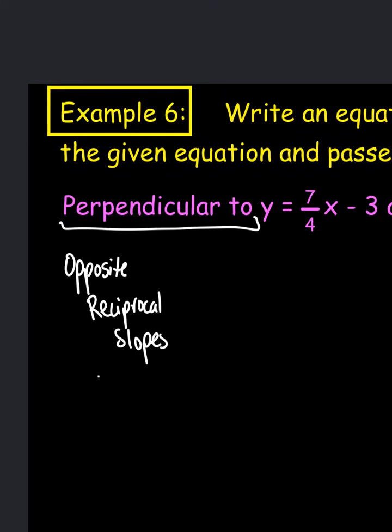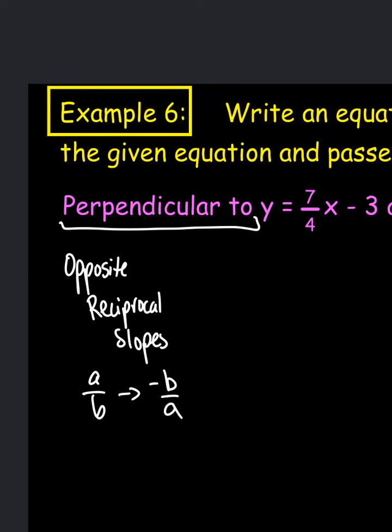And what that means, if one slope is a over b, then the other slope is going to be negative b over a. So opposite means if it's negative, you make it positive. If it's positive, you make it negative. And then reciprocal means you flip it upside down, essentially.